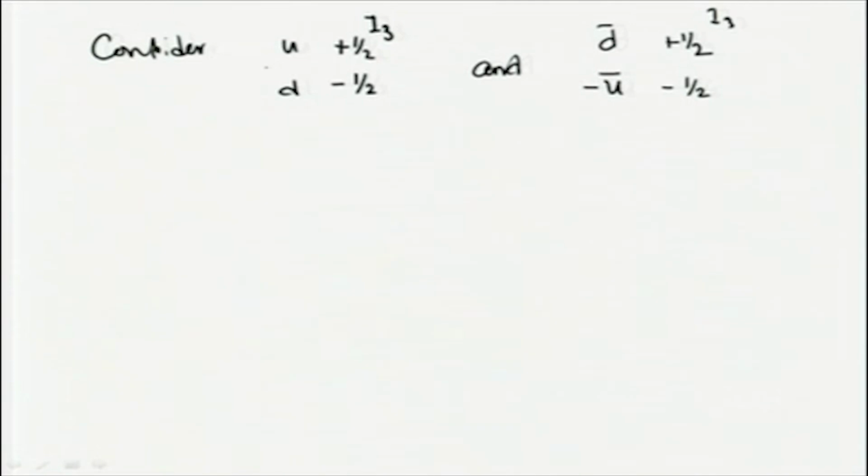This is similar to combining spin half systems. So let me denote the isospin of the quark system as IQ, which is half. We combine that with IQ bar, which is again half.